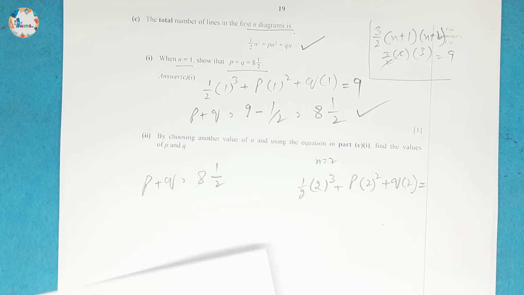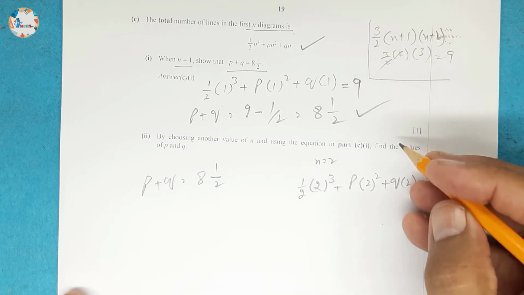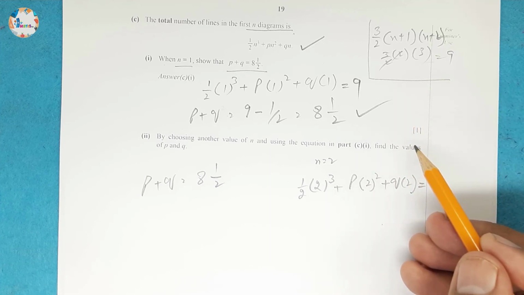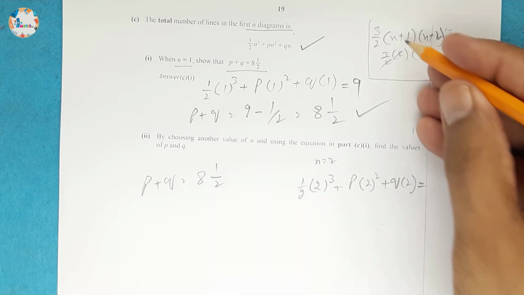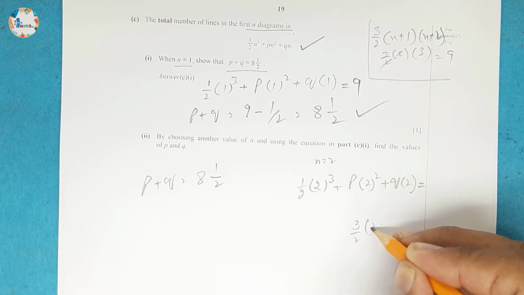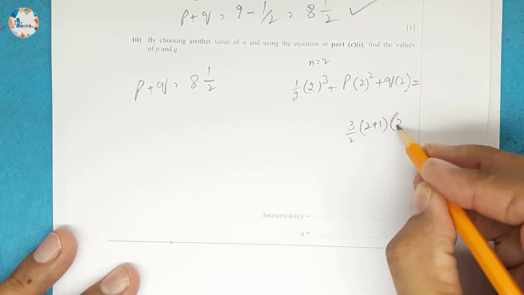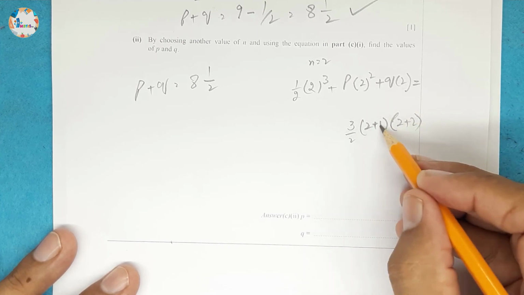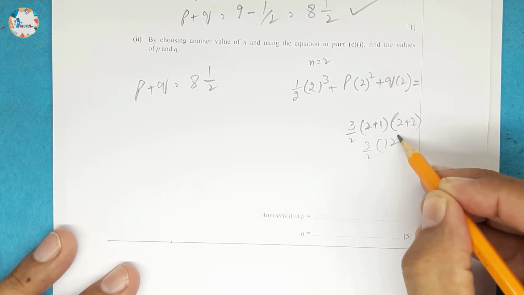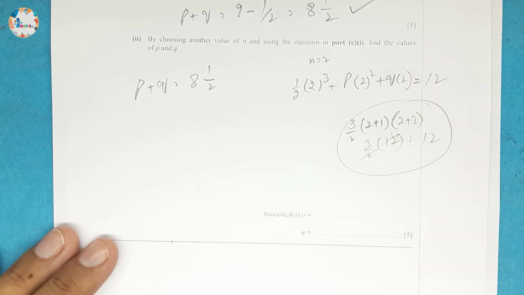This should be equal to what? N is equal to 2 will be replaced in this formula, which we have taken from the table, which is the number of lines. So we replace here as 2: 3 by 2 into 2 plus 1, into 2 plus 2. So this will be 3 into 4, which is 12, so 3 by 2 into 12. So this will be equal to 12. This is how we have calculated 12.